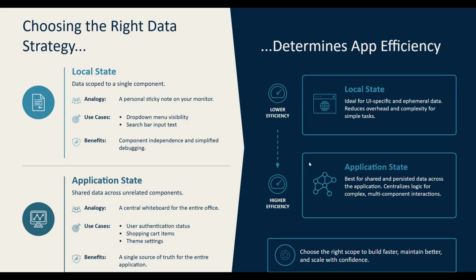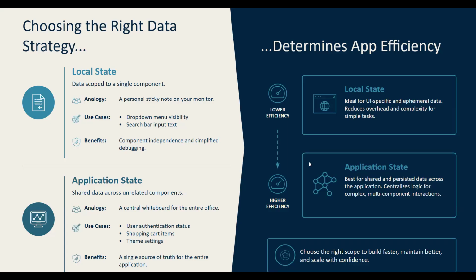It is shared across different parts of the app. You could think of it as a bulletin board or a central whiteboard that multiple people can read from and update. Some examples of data in the application state include authentication status, shopping cart items, or just your general theme settings.